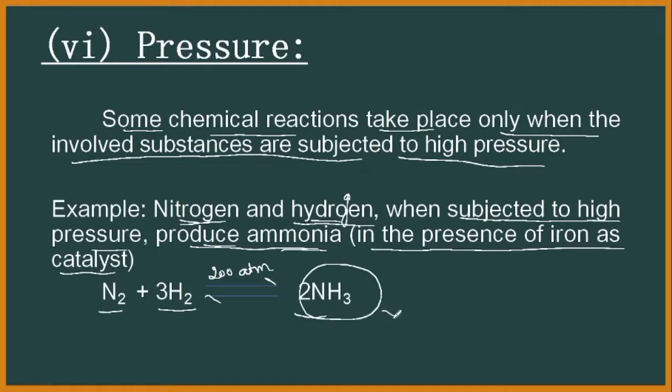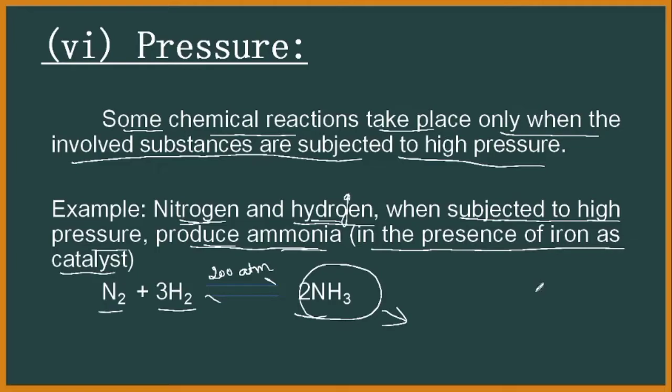What is the confirmatory test for this ammonia production? Because we have to conduct these experiments in your practical lab. If you bring hydrogen chloride gas near the ammonia, you know what happens when ammonia reacts with hydrogen chloride or hydrochloric acid.